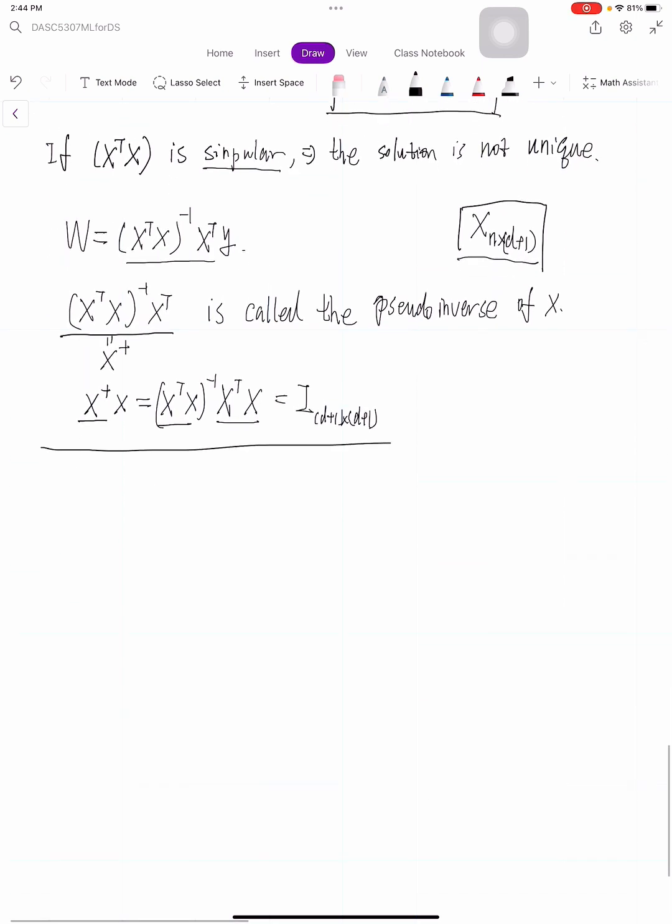Okay, so now what's the predicted value of y using the linear model?